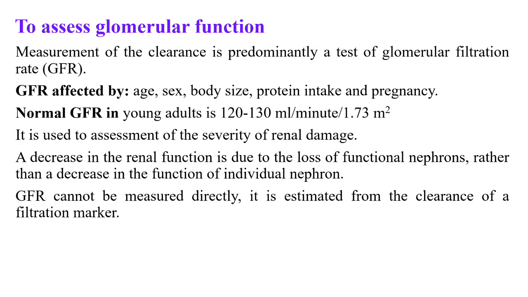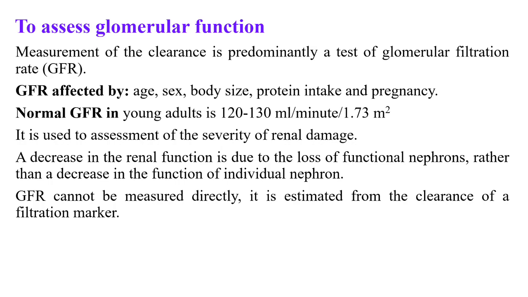GFR is affected by age, sex, body size, protein intake and pregnancy. Normal GFR in adults is 120 ml per minute per 1.73 meter square. GFR is used to assess the severity of renal damage.